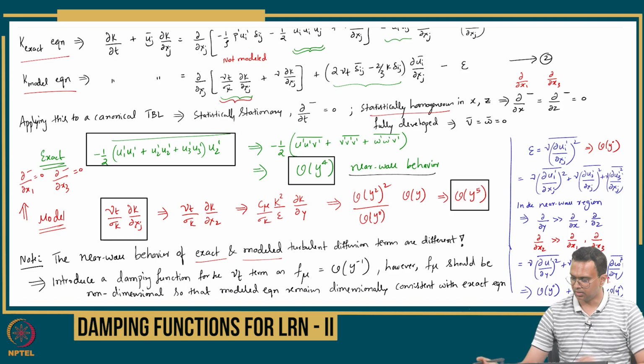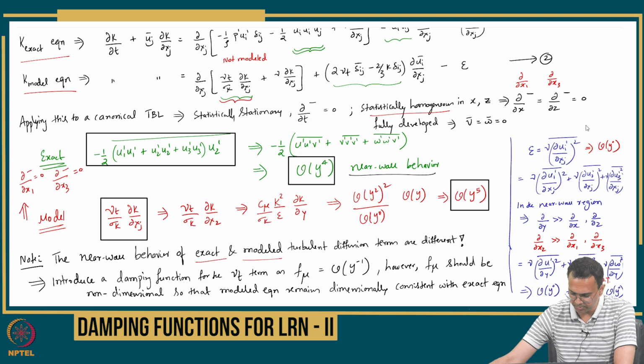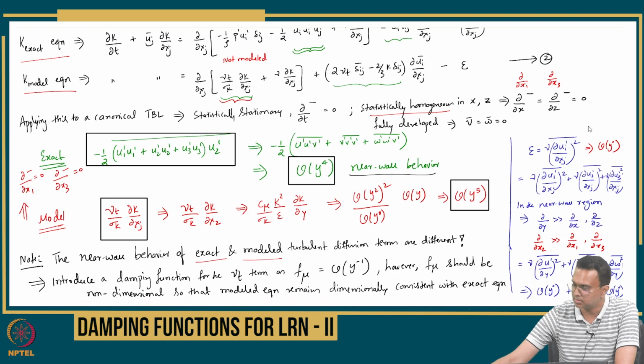So one option of introducing a damping function is to relate it to what is available to us, which is k and epsilon. Using that we can introduce a function. There are many damping functions available.